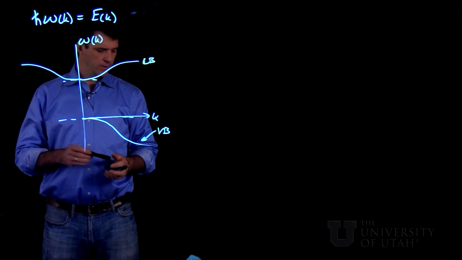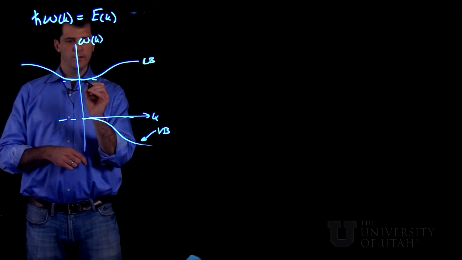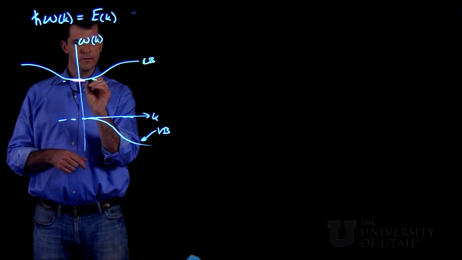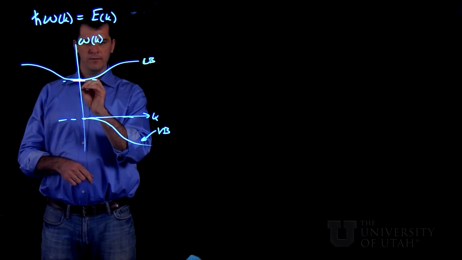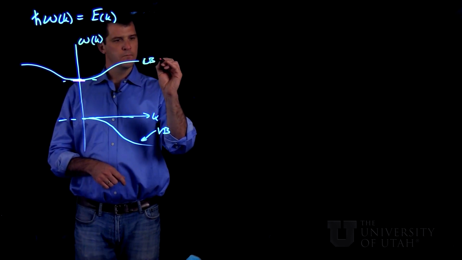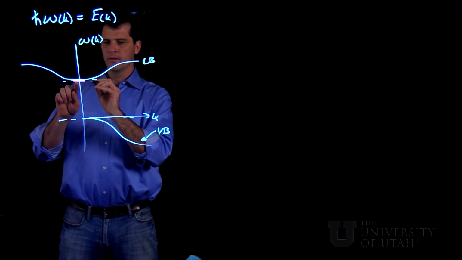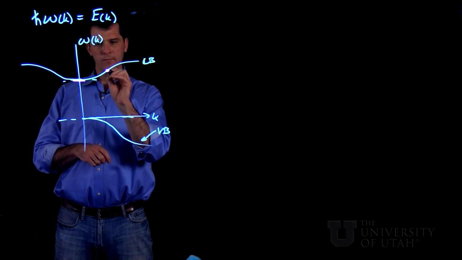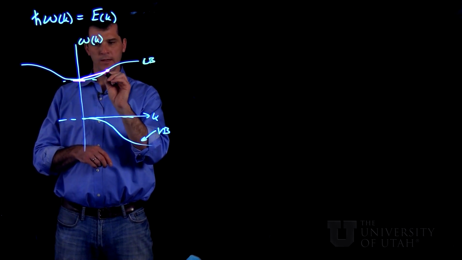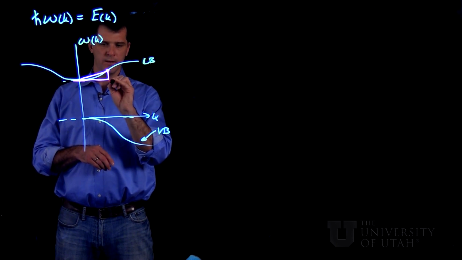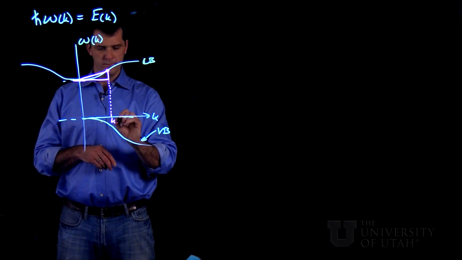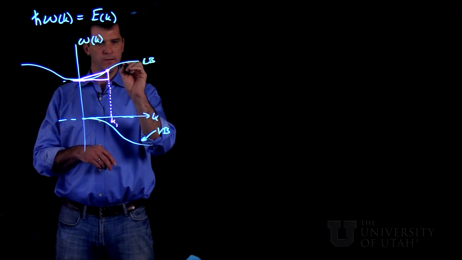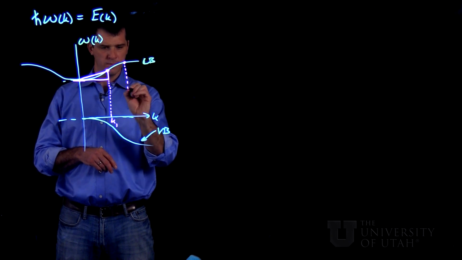So if I want to calculate the phase velocity of an electron in the conduction band, what I need to do is just calculate the amount of kinetic energy that the electron would have divided by its K value. And I could do that at any point along this line.